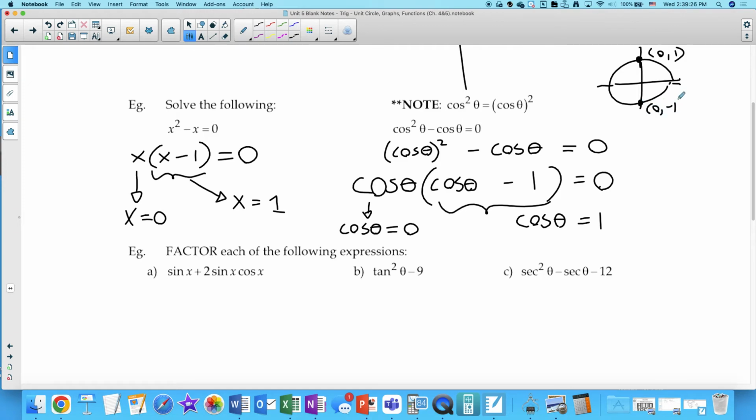Now when is cosine theta equal to 1? Yes, because it's the x coordinate. So this has the solution theta equals 0 degrees. So there are 3 solutions to this equation: theta equals 0 degrees, 90 degrees, or 270 degrees. And just for simplicity, let's assume we're going from 0 to 360. We'll just do one revolution.